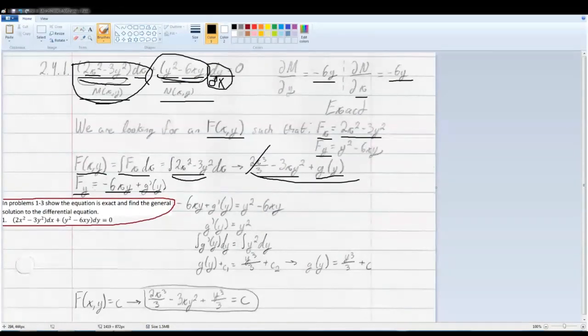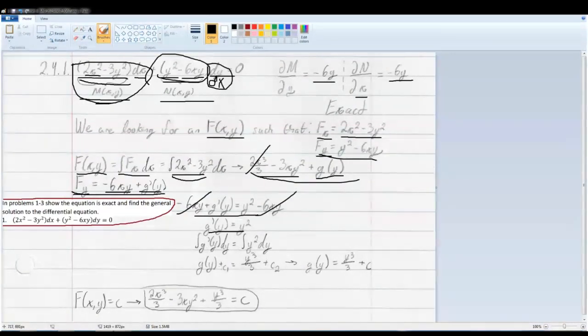And so now we have fy equals this, and we have fy equals this. And so we set them equal to each other, and we solve for g prime of y, which in this case ends up being y squared, because negative 6xy cancels out from both sides.